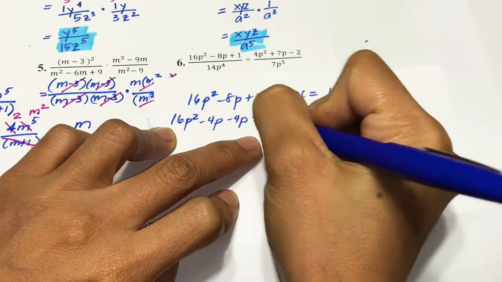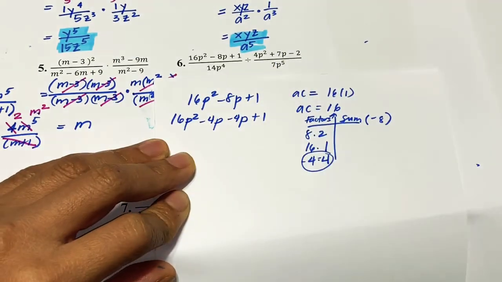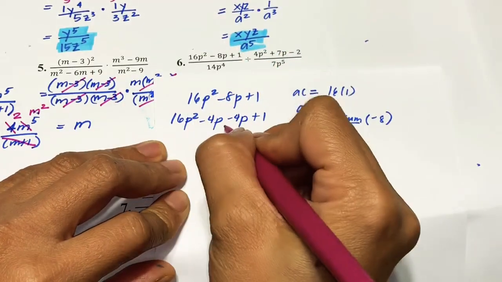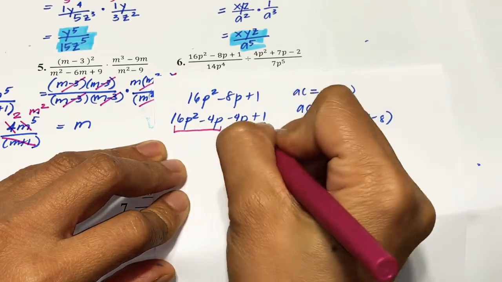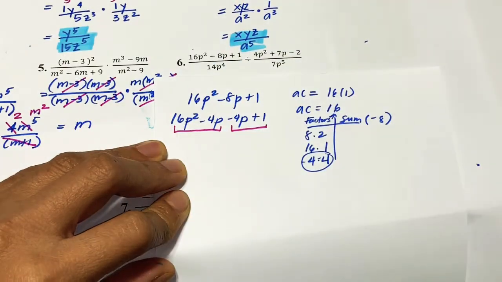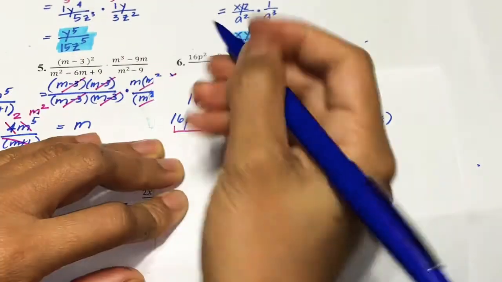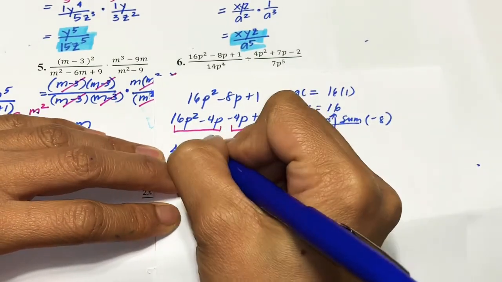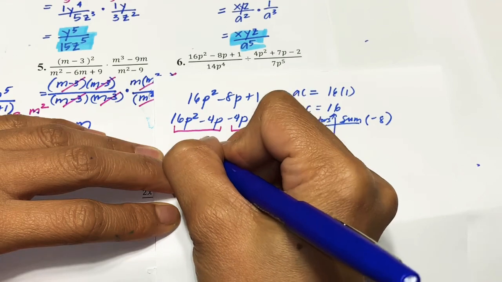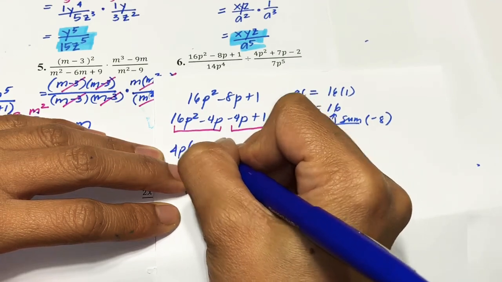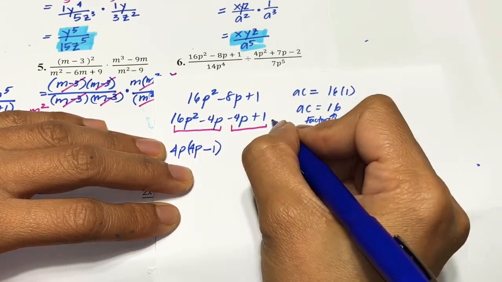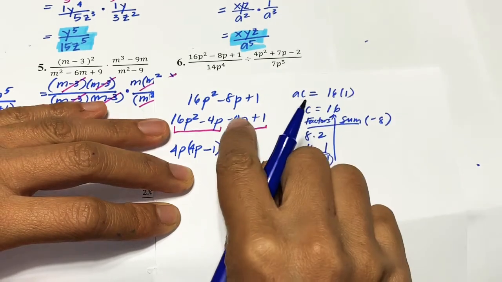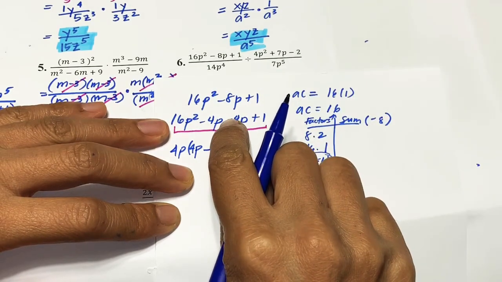4p plus 1. And then group the first two, group the last two. So then take out a GCF. So the first group has 4p in common. So that's 4p minus 1. Second group have nothing in common, but because this is a negative, factor out a negative 1.